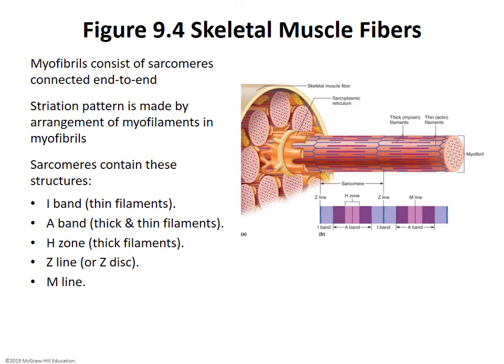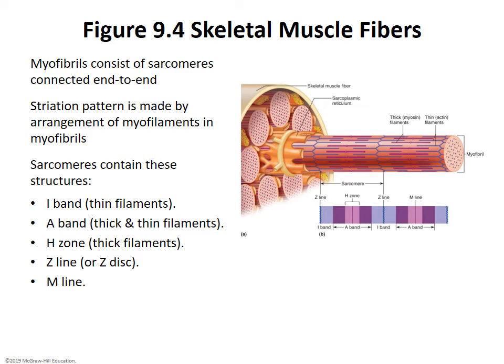Inside this sarcomere, I'm going to have a middle medium band, and it's called the H zone. On either side of that, I'm going to have these darker bands. In this picture, they're purple. They're not actually named, but the edge of the purple on either side, the boundaries of it, make up what's called the A band.